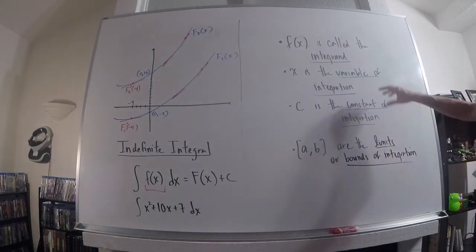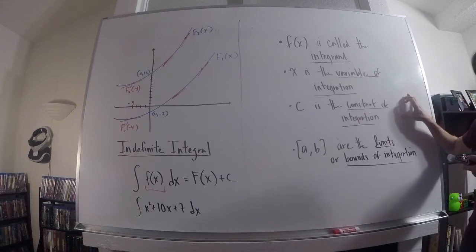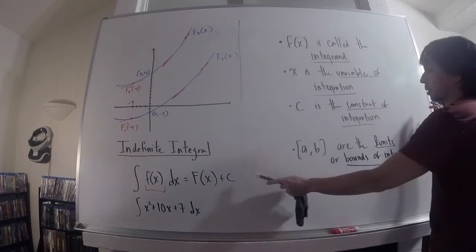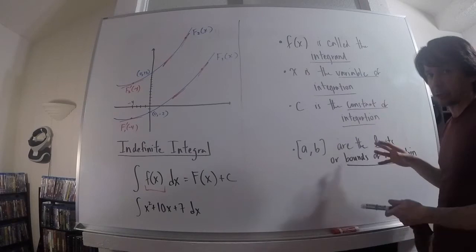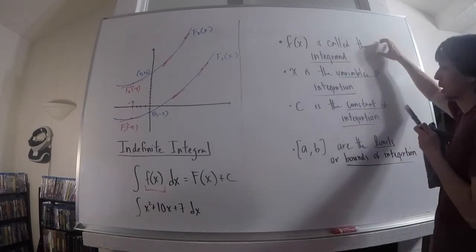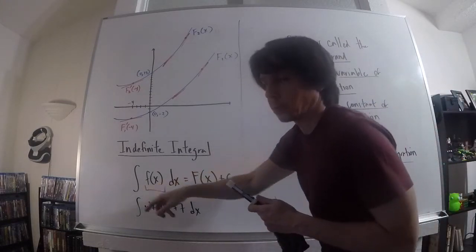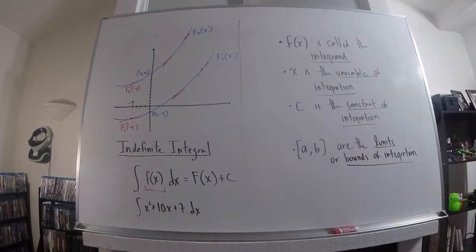But we'll come to that. Main thing: constant of integration or arbitrary constant, that's plus c. The variable of integration, we're just going to have x or t, one variable, so that won't be an issue. The integrand is the function we're trying to integrate, or find the antiderivative of. So just be familiar with those terms.